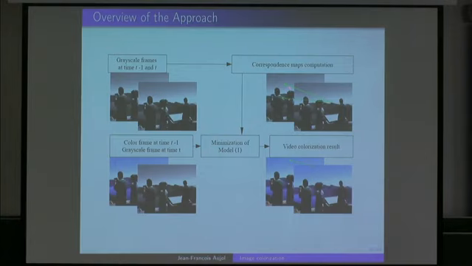And so which color should it have? Then once we have computed these correspondence maps, we assume that we have colorized the frame at time t-1, and we want to colorize it at time t. And so we just decide which is the good correspondence map, and we take the color, for instance in this case, of the pixel of the sky, to colorize the sky in the frame at time t.